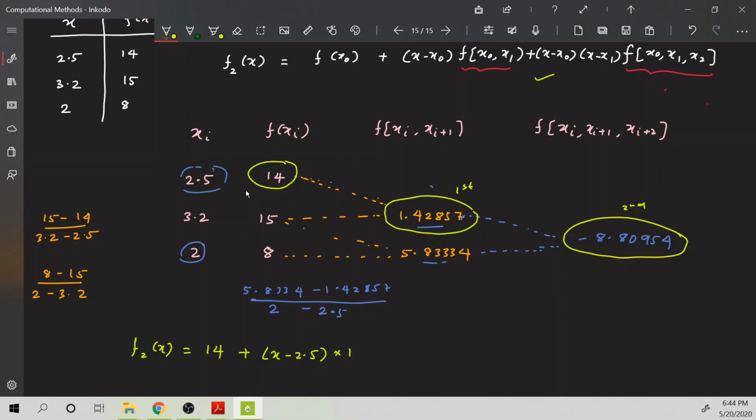It's 1.42857 times (x minus 2.5), plus (x minus 2.5)(x minus 3.2). And what is the second divided difference here? Minus 8.80954.